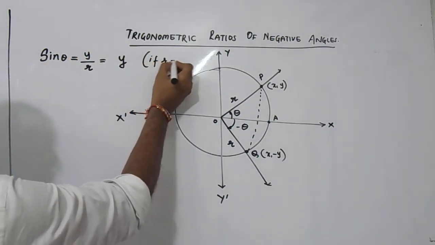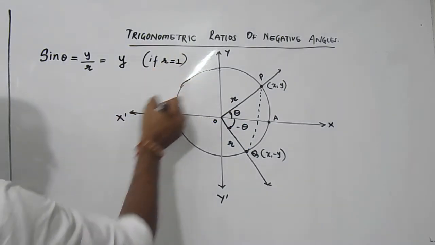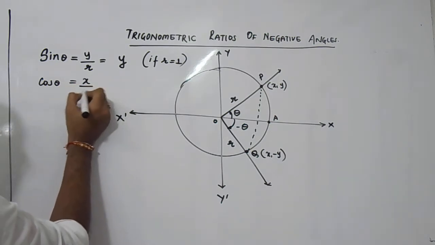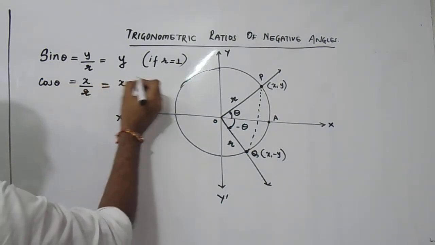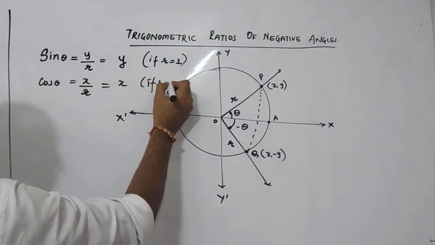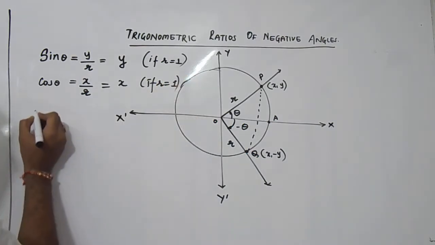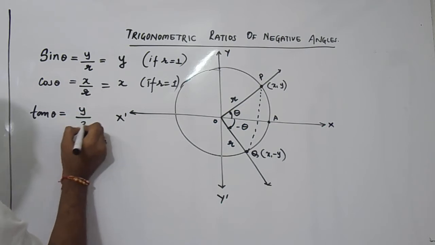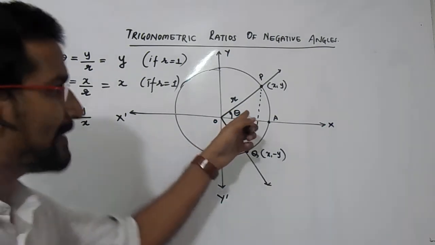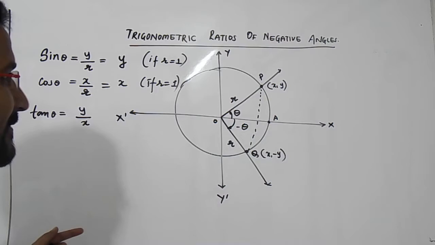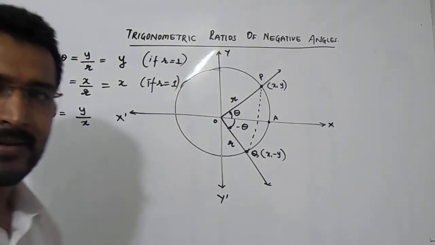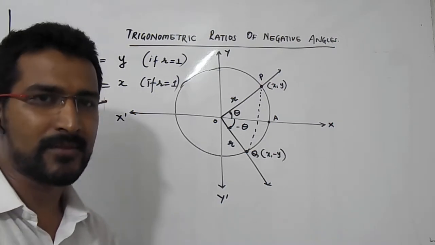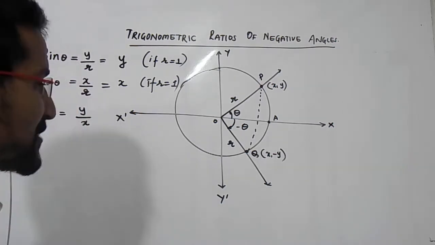Cos theta is x by r, so it will be equal to x if r is 1, and tan theta is equal to y by x. So this was for the positive angle. We have seen the first three trigonometric functions, and similarly we can find the other trigonometric functions by taking the reciprocals of these functions.